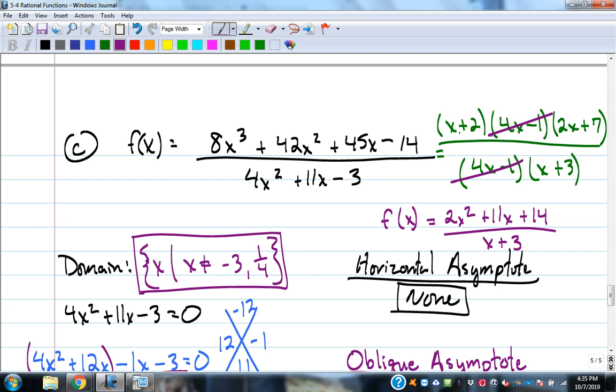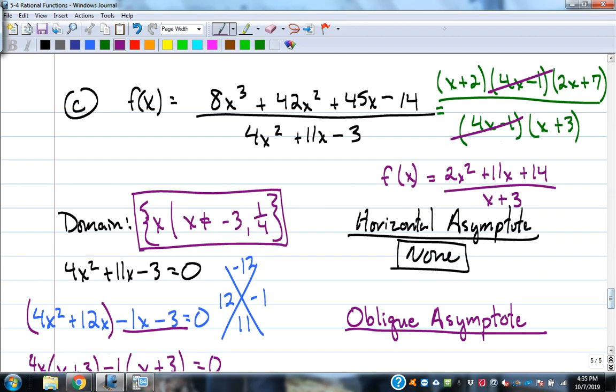So that's what I'm going to do my long division with, this smaller one, because it's so much easier with the smaller one. So the simplifying may be a lot of work on the back end, but it sure is worth it once you get to the long division to get the final oblique asymptote equation.